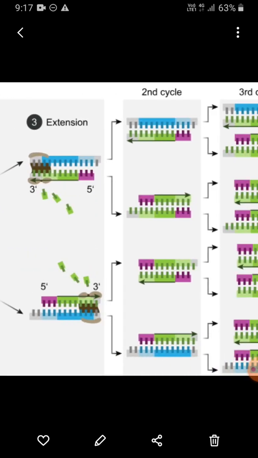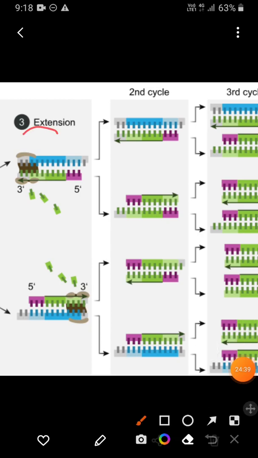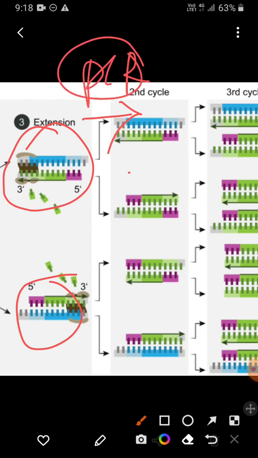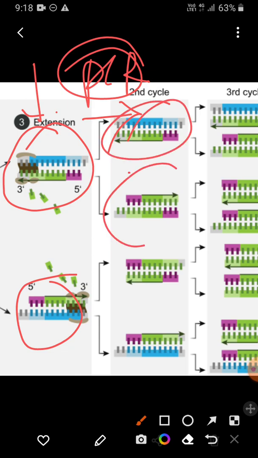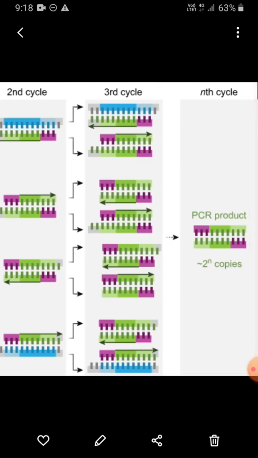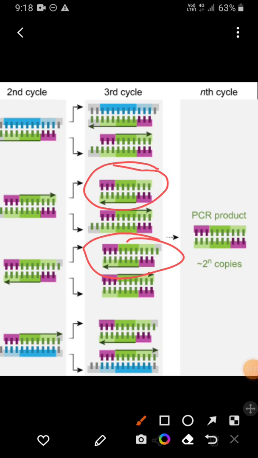Now the newly synthesized DNA strands will again be involved in PCR, and here they are playing the role of template and lead to the formation of 4 double-stranded DNA molecules. And after the end of the 3rd cycle, as you can see, we will have our purified gene of interest in amplified form, right?